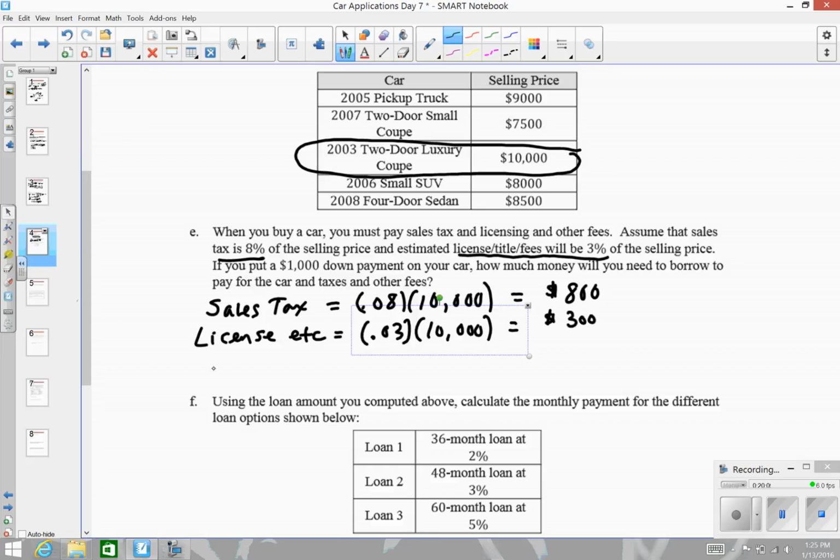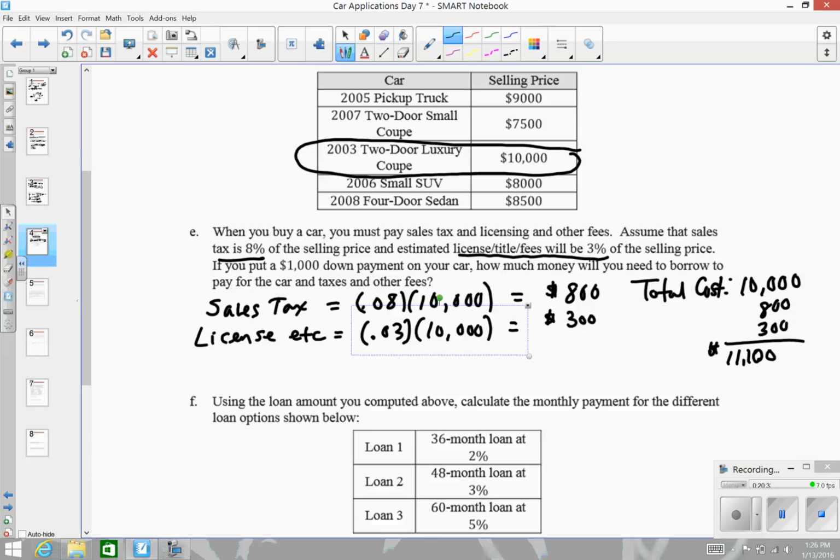So for the total cost, I'm going to write this over here: we've got 10,000 for the car, 800 for the taxes, 300 for license fees, which gives me a total cost of $11,100.